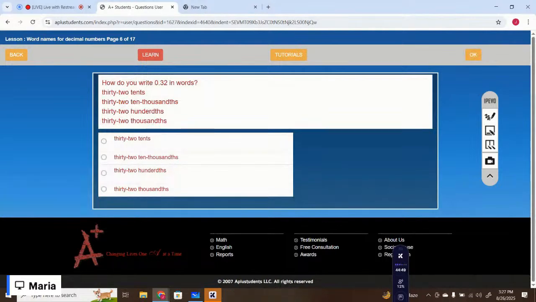How do you write 0.32 in words? So which is the correct option?